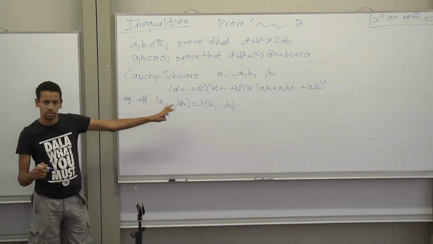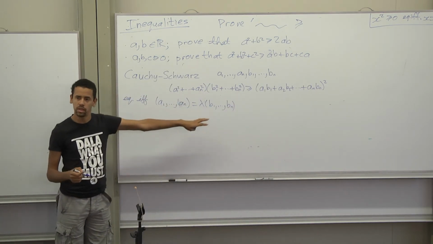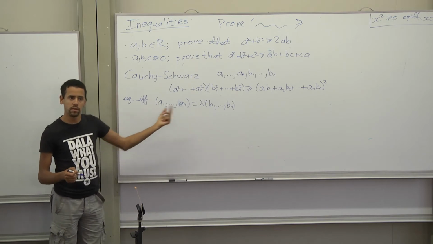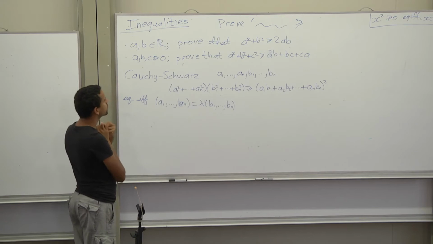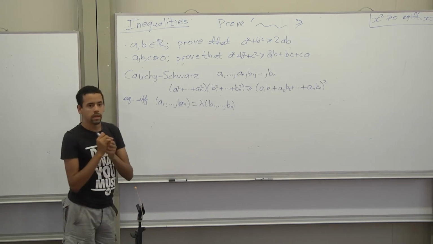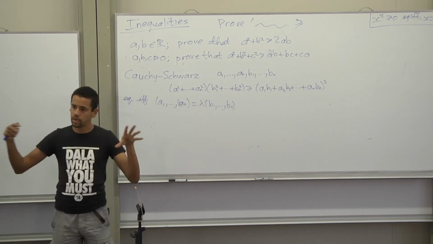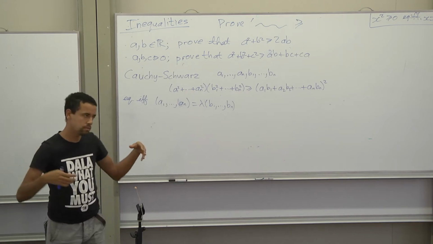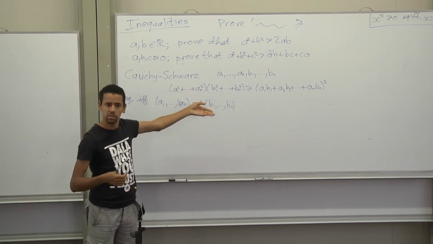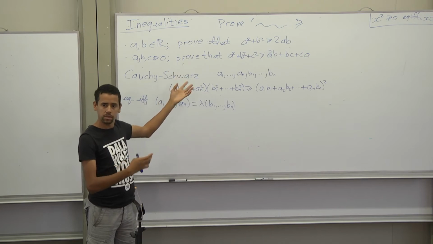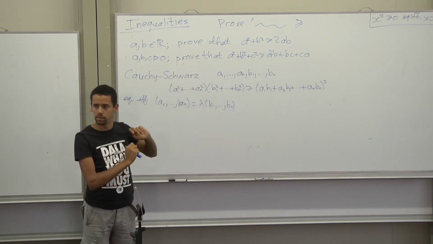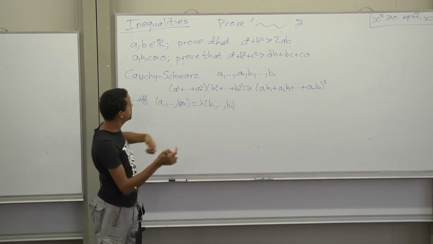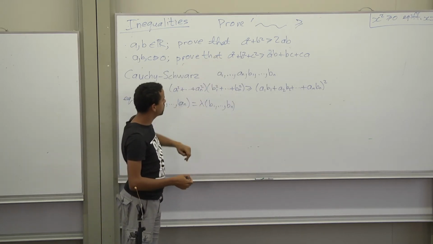Either A is a multiple of B, or the sequence B is a multiple of A. So they all have the same ratio. And often with these general inequalities, like here we have 2n variables to work with, the key to being able to do inequalities is to figure out what goes in the place of each of those variables. In this case, we're going to apply it to solve this inequality.